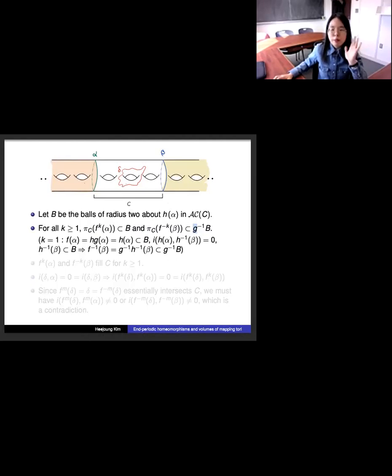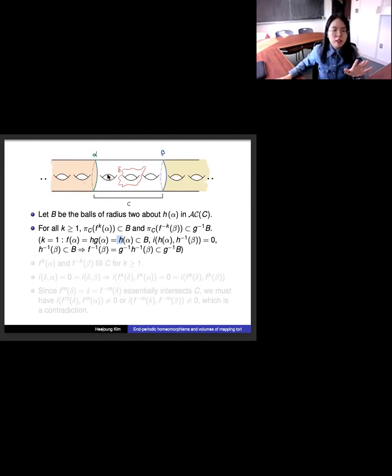So let's look at the base case. If k is 1, say, then F alpha is the same as H alpha, right? Because the support of G is C, so G does nothing on alpha.